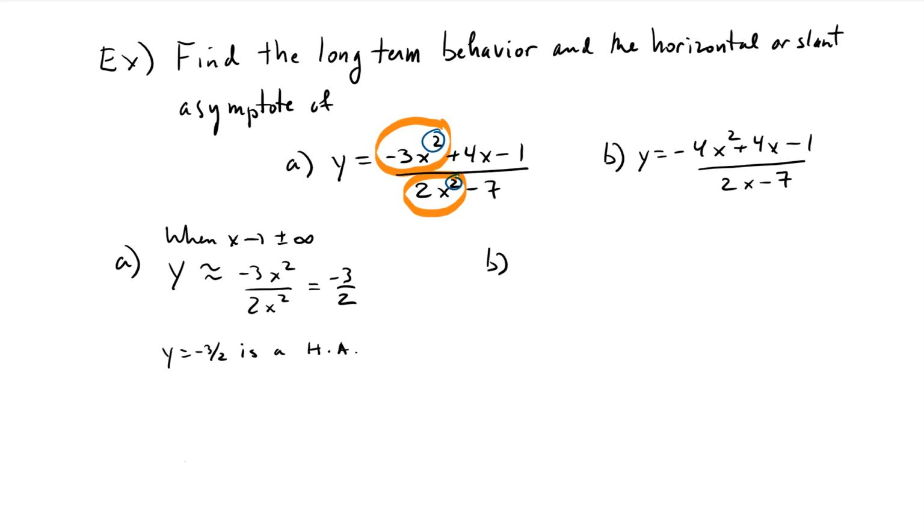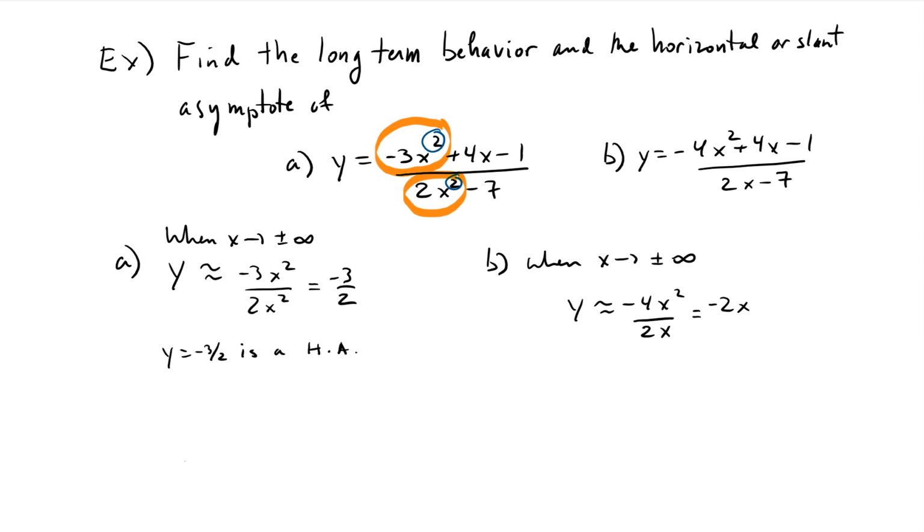So in B, if I try to do the same thing, when x goes to plus or minus infinity, y is going to be almost the same as minus 4x squared over 2x. Now in that case, this simplifies to minus 2x. From this, I can only recover whether the behavior goes to infinity or minus infinity.